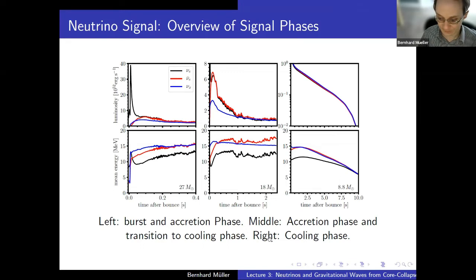So any questions up to now, or any leftover questions on neutrino detection and neutrino oscillations from yesterday? Nothing in the chat. Then let's have a look at the electron neutrino burst at the beginning.